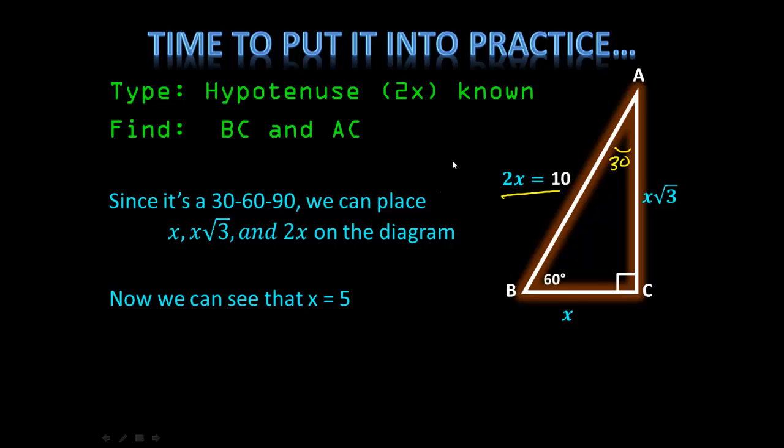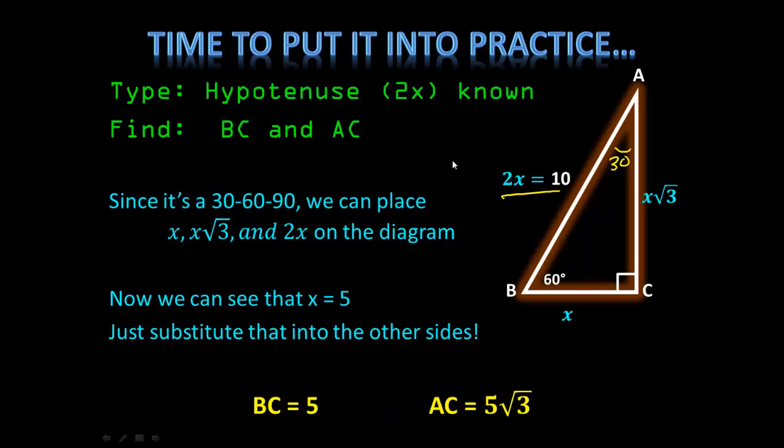Because if we have 2x equals 10, divide both sides by 2, you get x equals 5. Then you just substitute that 5 into the other sides. Well, if x equals 5, then BC must also be 5, because it's not 2x, it's just x. And then the other side would be 5 root 3. Simple enough. So 5 and 5 root 3. Simple stuff.